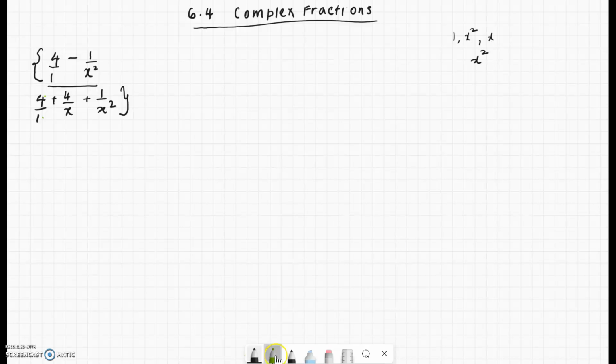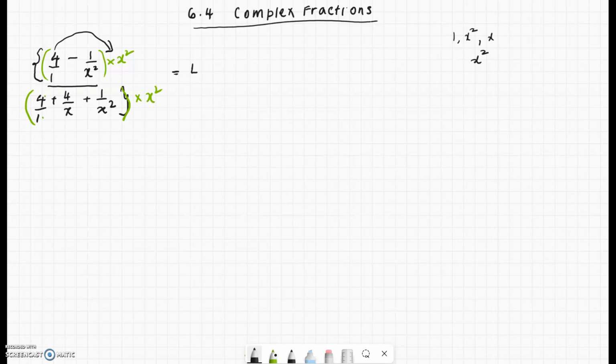So what do we do next? We take the numerator and multiply it with x squared. We take the denominator and we multiply it with x squared. So you're multiplying the numerator and denominator with the LCD. So now we'll distribute the x squared.